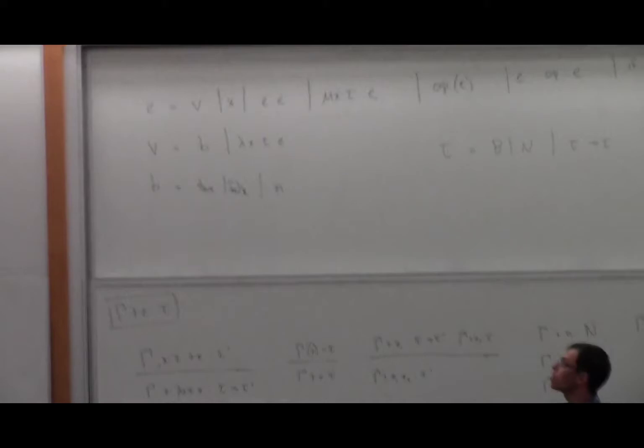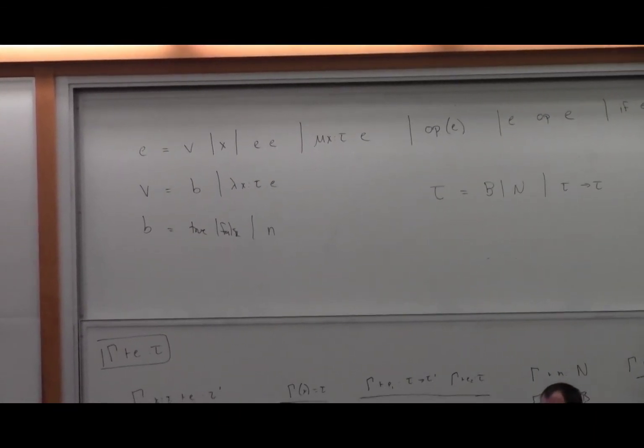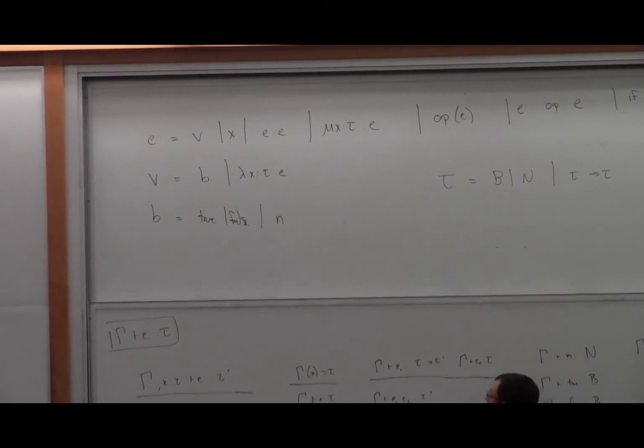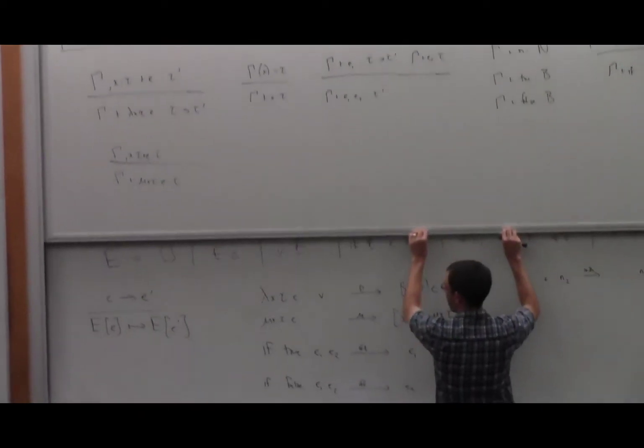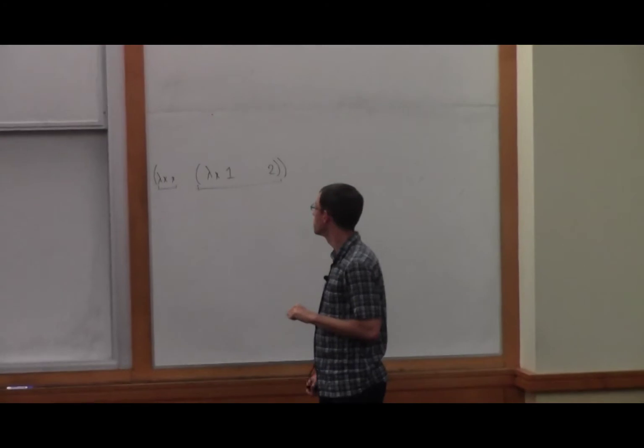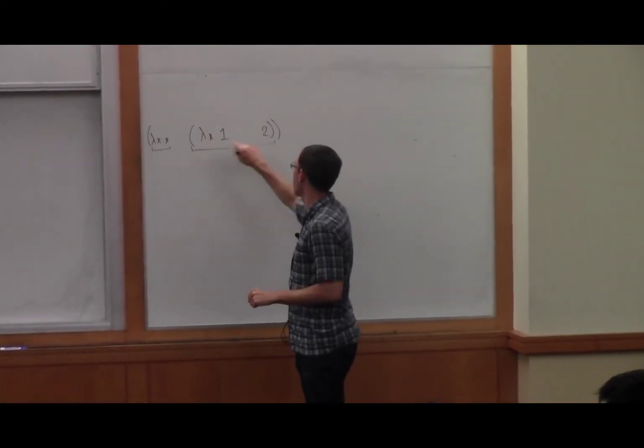It says values are either base values or lambda abstractions. And this is not either one of those. No, this says lambda x1 applied to 2.